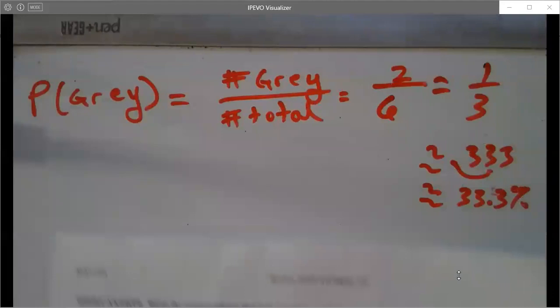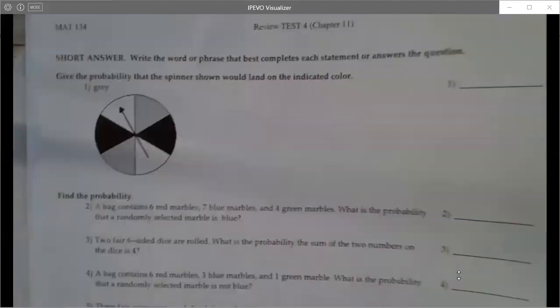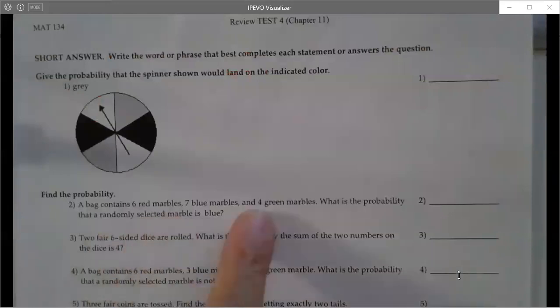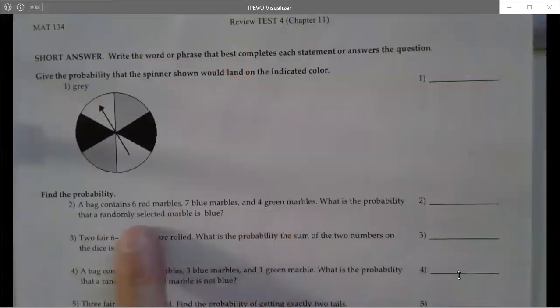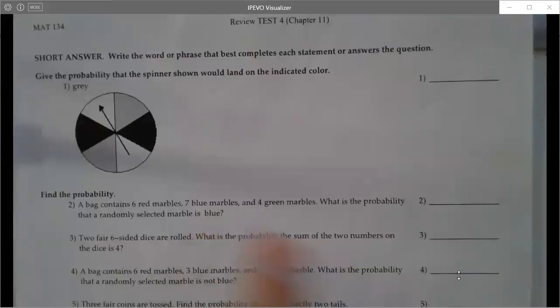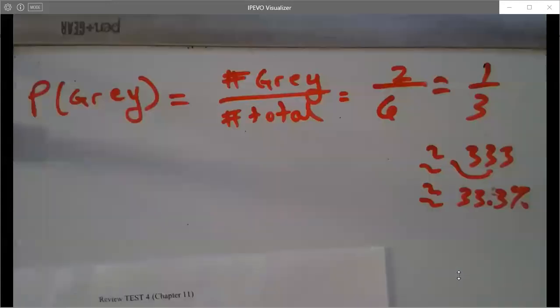Okay, so that's probability. A bag contains six red marbles, 7 blue marbles, 4 green marbles. What is the probability that a randomly selected marble is blue? If you don't need me to go over it, we can move on to the next one.